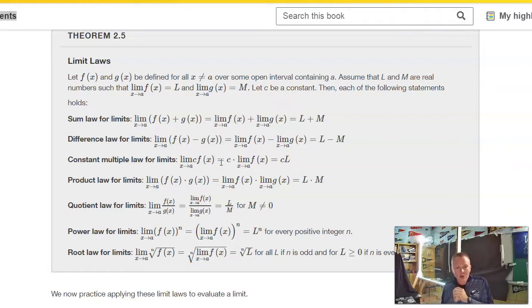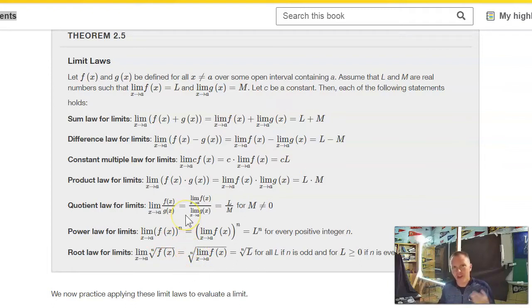The product law, the limit of a product is the product of the limits. Limit of a quotient is the quotient of the limits. And then this one right here, the power law for limits, if you take the limit of a function raised to a power, the answer is the limit raised to that power.